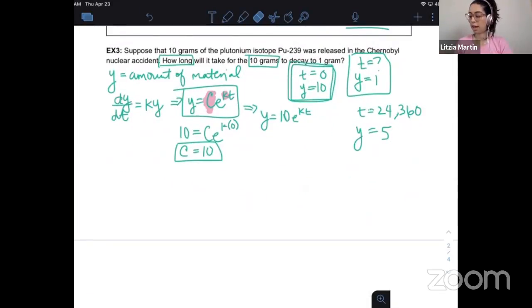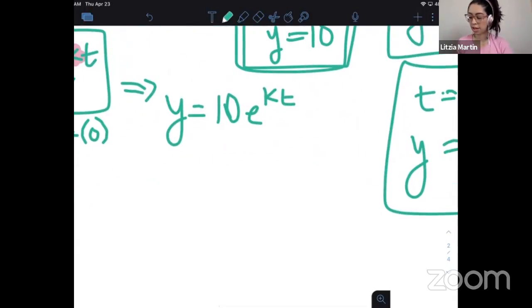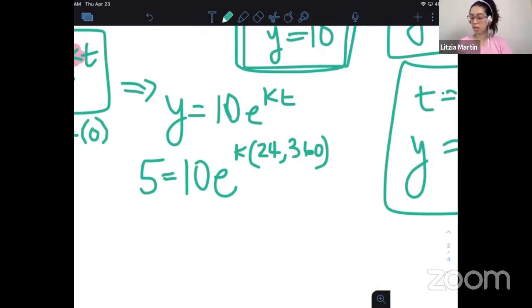But now that we have this information, we can go ahead and plug it in to this one. So we have 5 is equal to 10 times e to the k times 24,360. And then from here we can solve for k.